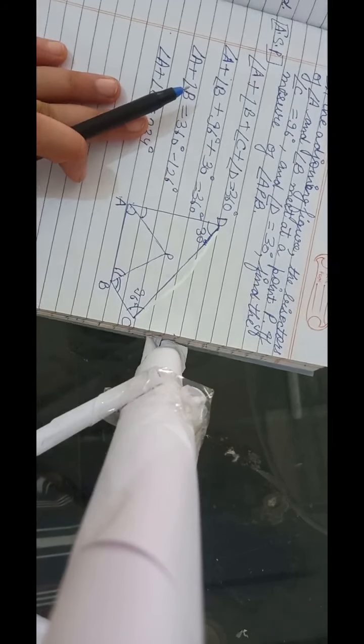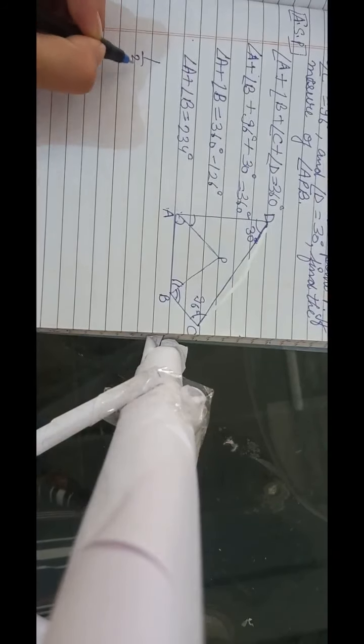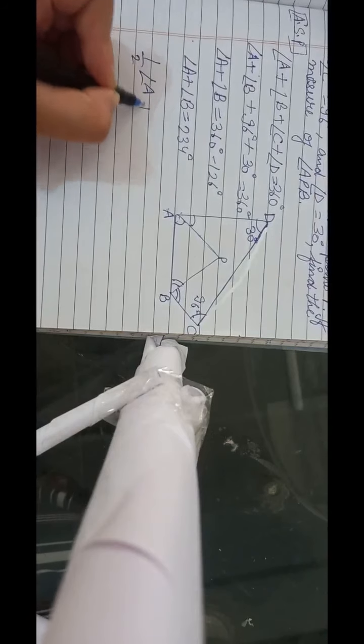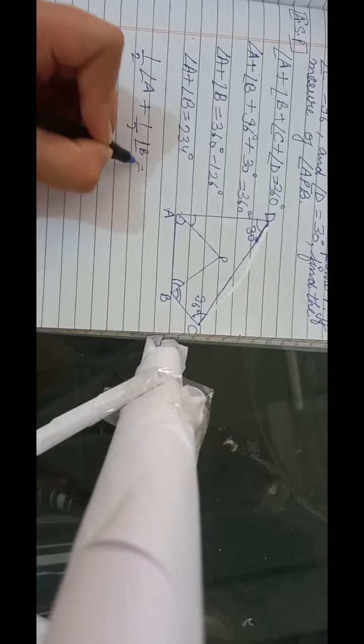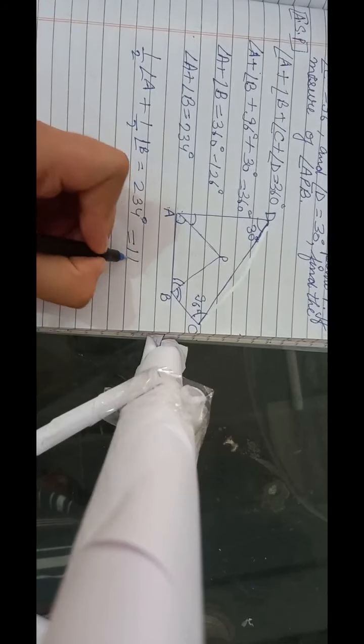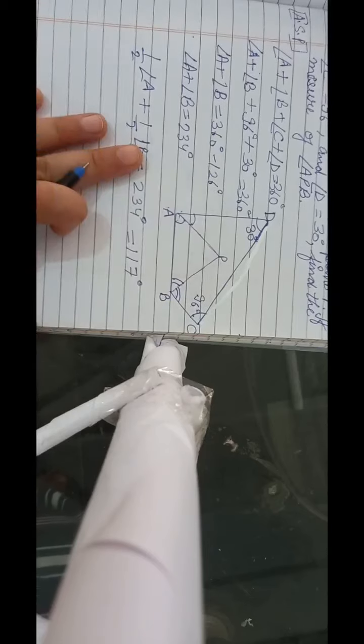As we all know that P is the bisector of these two angles, that means these two angles are halved equally. So let's solve it. That is half angle A plus half angle B is equal to half of 234 degree, that is equal to 117 degree.